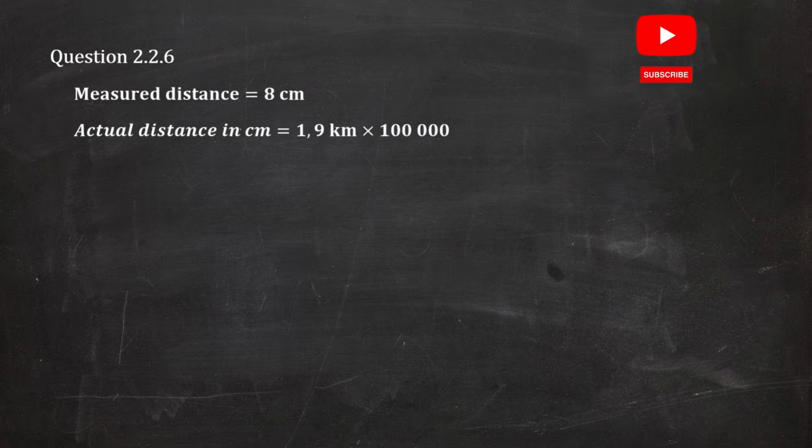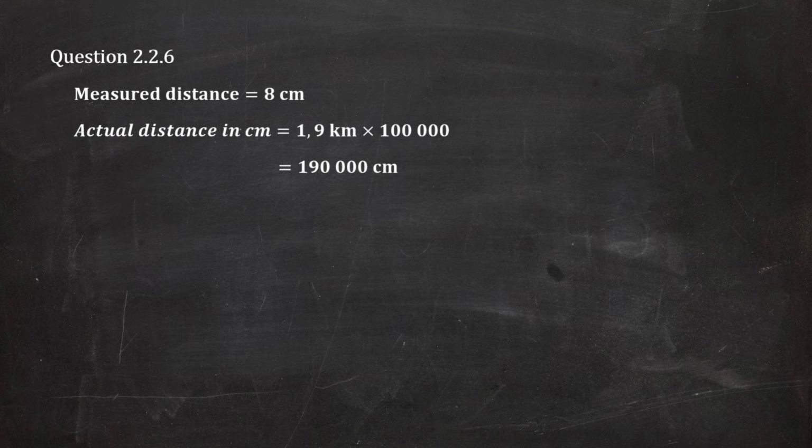The actual distance in centimeters is 1,9 kilometers multiplied by 100,000. Why 100,000? Because there are 100,000 centimeters in 1 kilometer, and this will give you an actual distance of 190,000 centimeters. Now the ratio of map distance to real distance can be written as 8 centimeters to 190,000 centimeters.